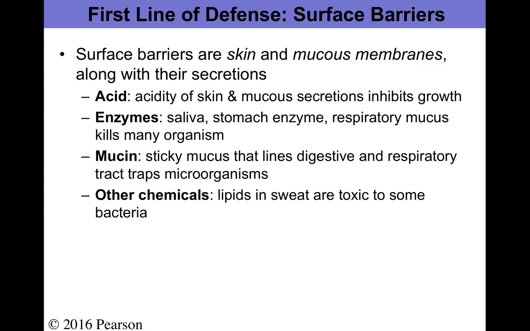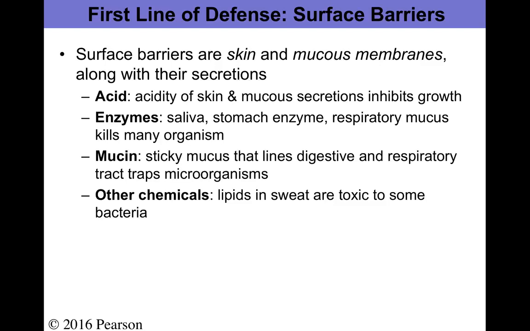You also release enzymes within your saliva, within your stomach, and your respiratory system that act as sanitizers. They destroy and kill many of the organisms. So you might put something in your mouth that might be dirty and might have pathogens on it, but the enzymes in your saliva and your stomach will destroy quite a few of those.